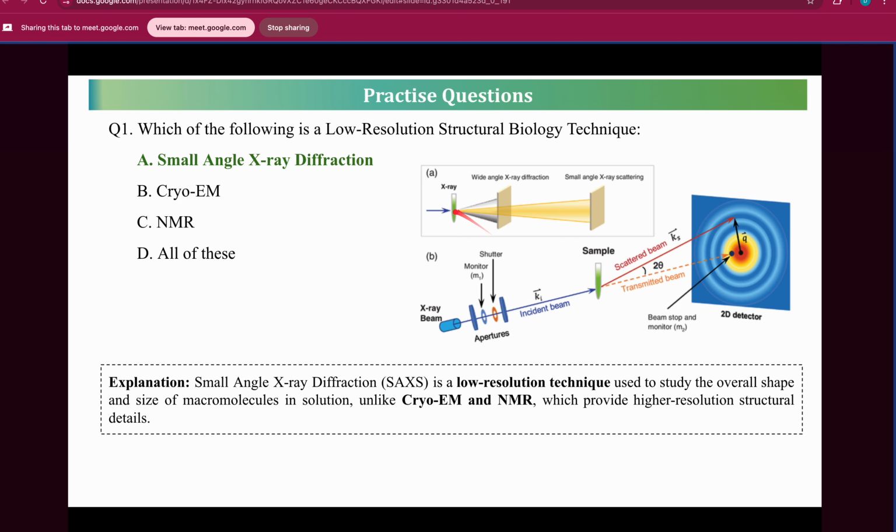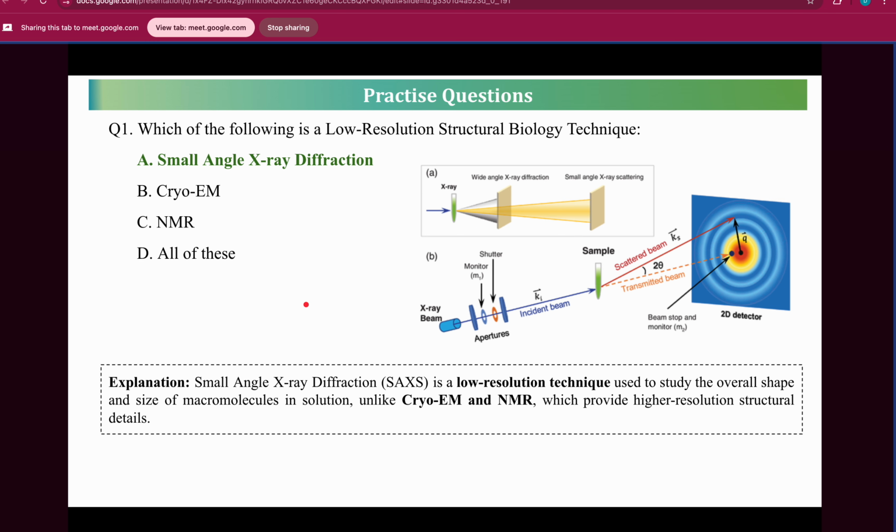This representation shows the X-ray coming in and passing through the crystal. This is known as wide angle X-ray diffraction, whereas this is diffracting at a small angle. Small angle X-ray scattering is also known as SAXS. It is a low resolution technique used to study the overall shape and size of macromolecules in solution, unlike cryo-EM and NMR, which provide high resolution structural details. That's why the right answer is option A.